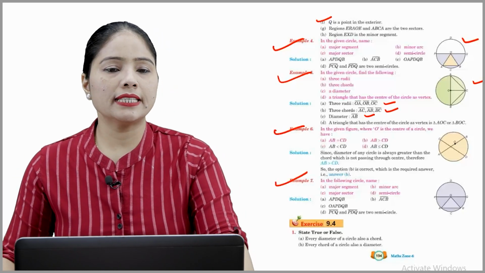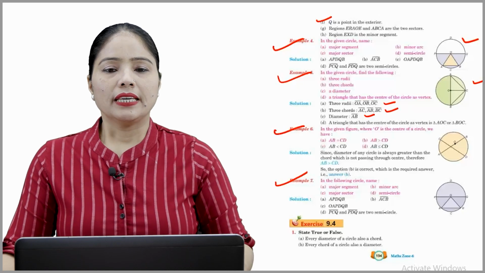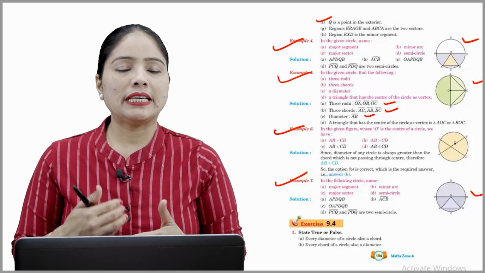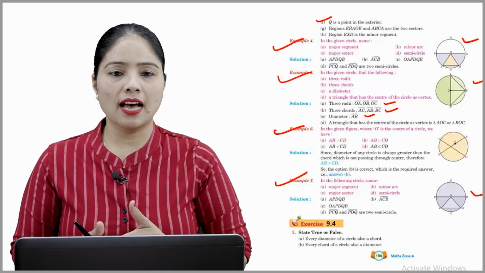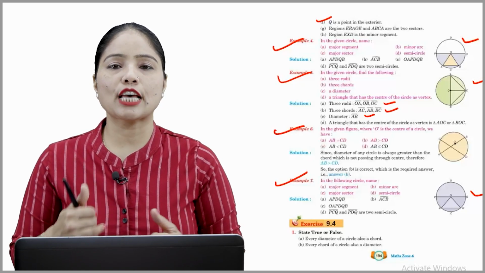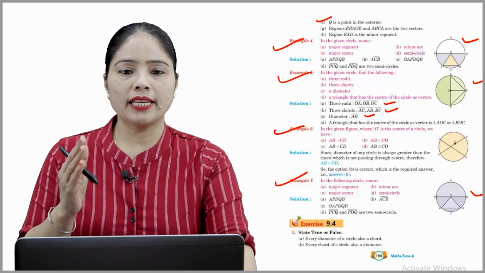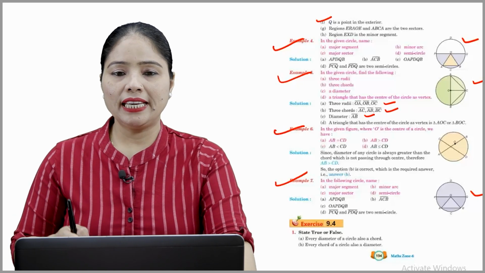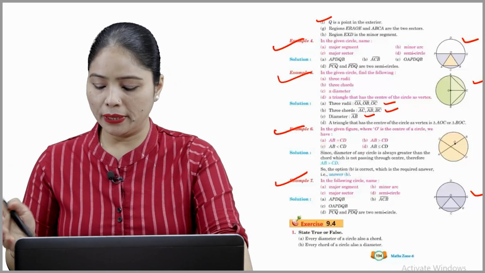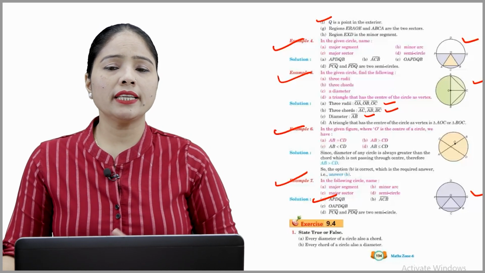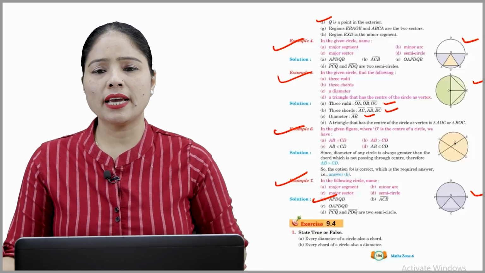So now, beta, see example number 7. In the following circles, name a major segment, minor arc, major sector and semicircle. First one, major segment is A, P, D, Q and B. Minor arc: clearly ACB is a minor arc.